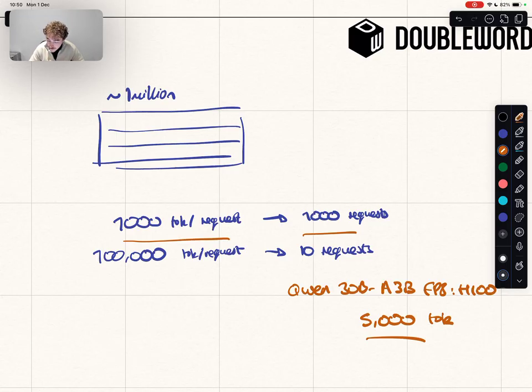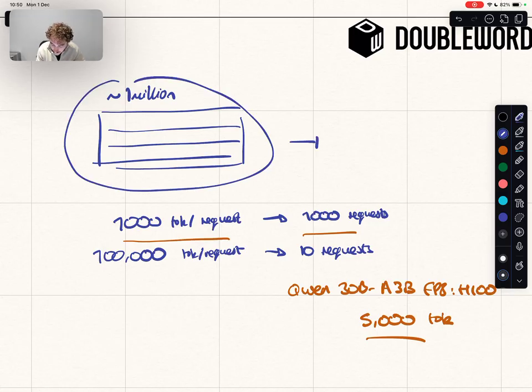And another thing starts to happen as well, which is that the memory bandwidth, the time it takes to move this entire KV cache into your SMs, also becomes an increasingly large component of the inference time. Usually you can disregard this. It's much smaller than the time it takes to perform the feed forward layers of the model.